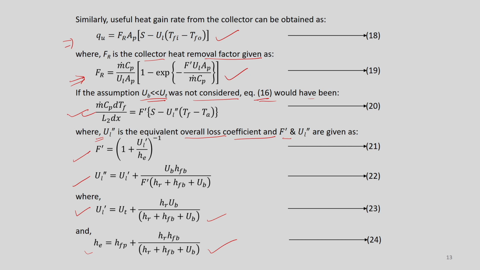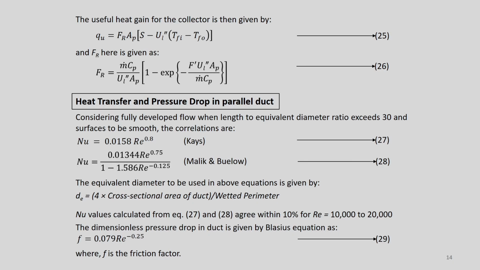So, we now know how to calculate F_R, how to calculate F dash, and then how to calculate Q_U, the useful heat gain of a solar air heater. Now, this Q_U can be related to T_fi and T_fo. So, this F_R is something like this.